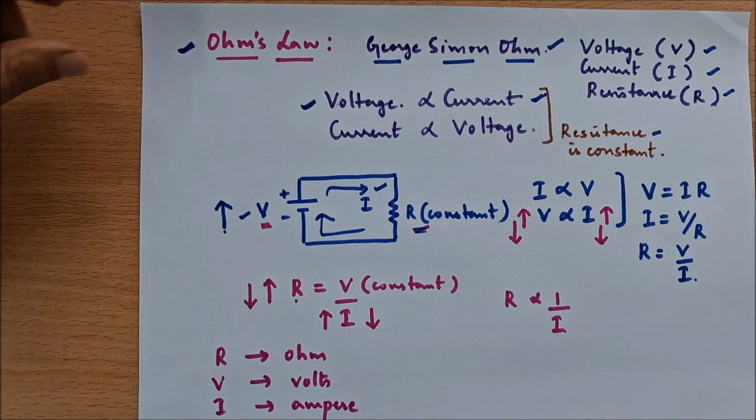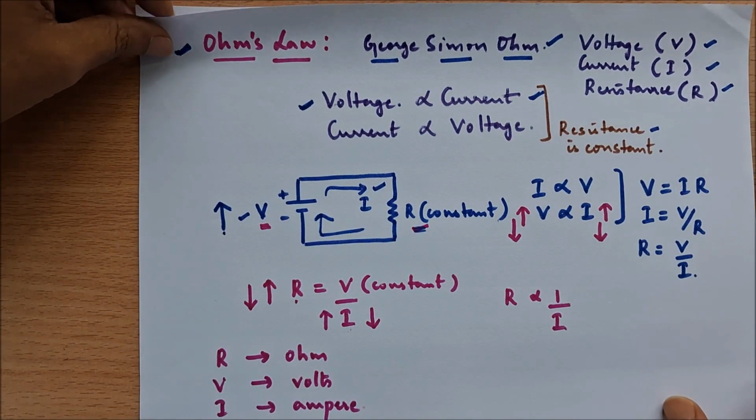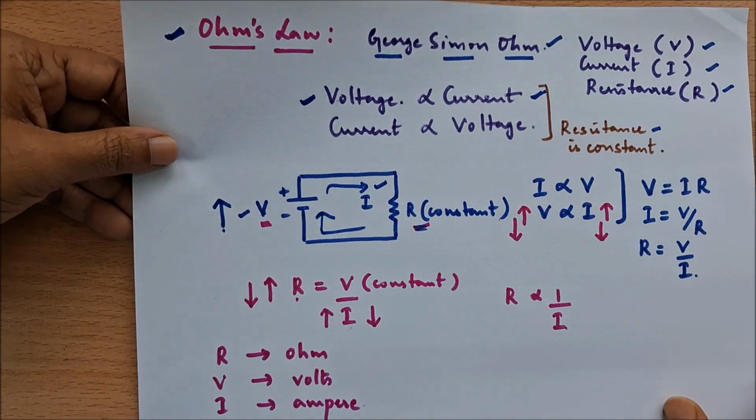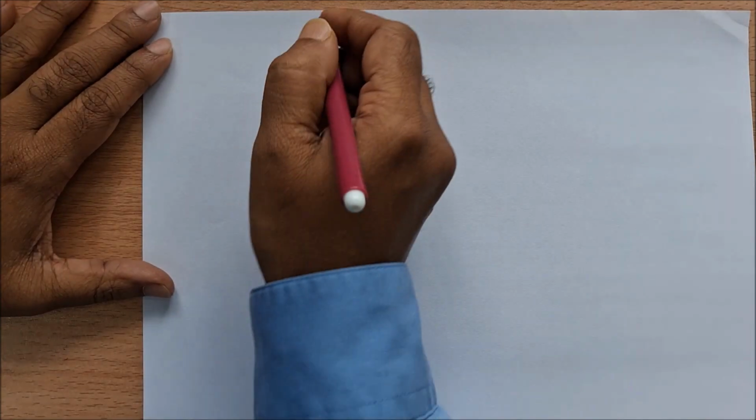Okay, so let us just consider a very simple example and try to understand the relationship of the three parameters, which are the voltage, current, and the resistance.